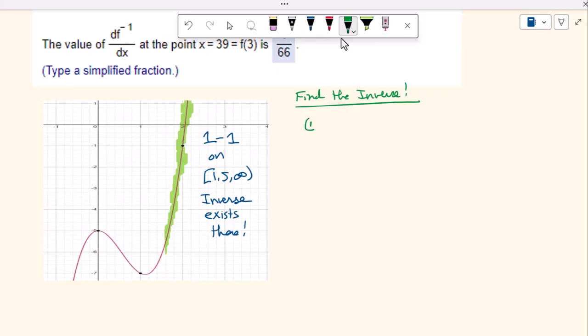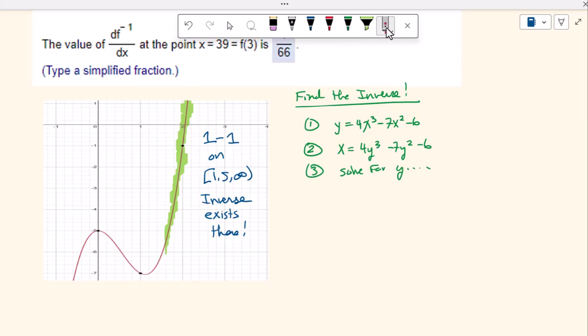First step, you swap the f of x with the y. So I'm going to have y equal 4x cubed minus 7x squared minus 6. Second step, we swap the x and the y: x equals 4y cubed minus 7y squared minus 6. Now the next thing is to solve for y.